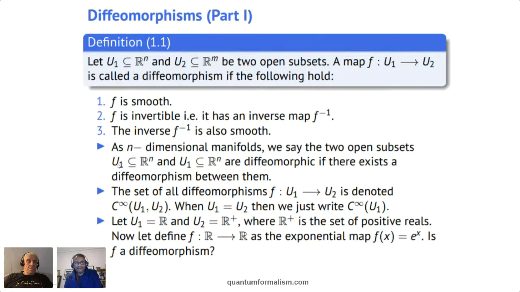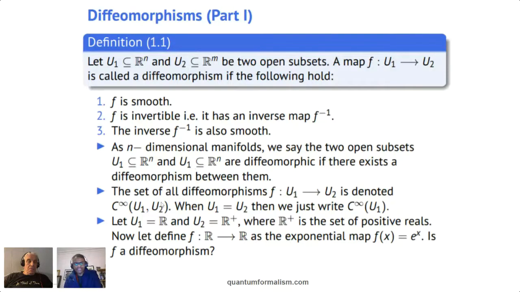You can say that they inherit the subspace topologies of R^n and R^m. Sorry, I think there is a typo here. You can see this is meant to be U2 and R^m. So we say U1 and U2 are diffeomorphic if there exists a diffeomorphism between them. I will correct this slide to fix this typo.